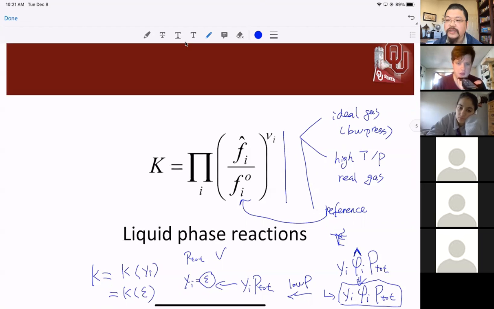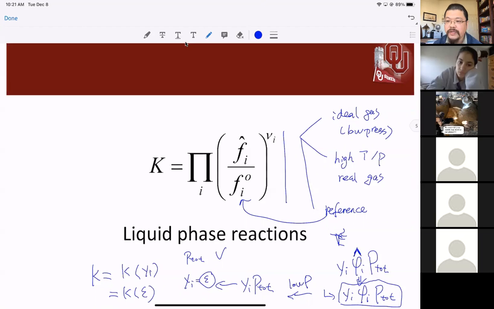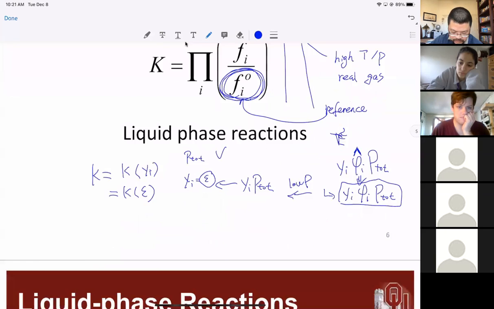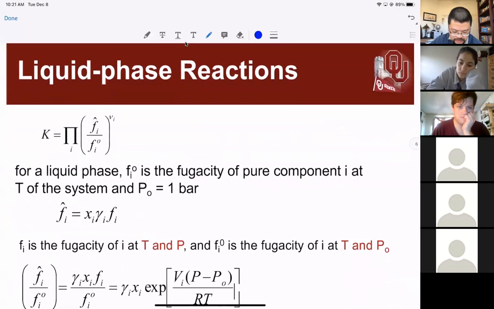Liquid phase reaction would be very similar to the gas phase. It might be a little bit more challenging because for the vapor phase, we can always utilize the low pressure ideal gas to quickly get rid of the standard state. For the liquid, we may have to calculate both, right? So now let's move on to look at the liquid phase reaction.